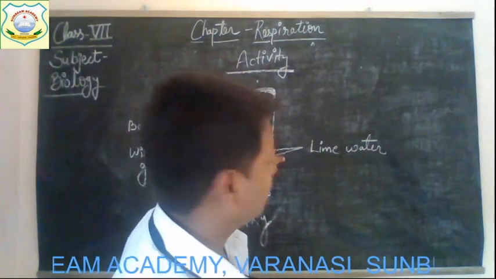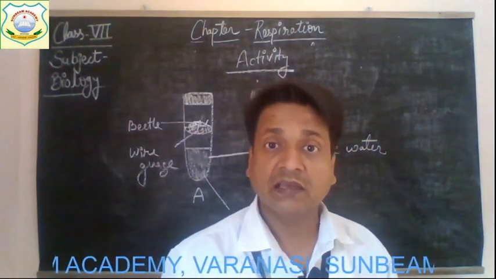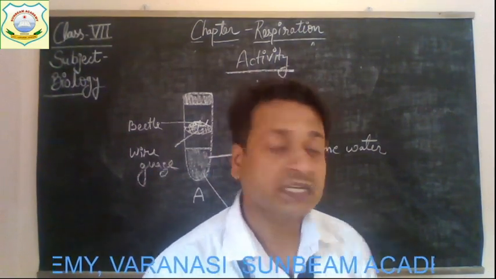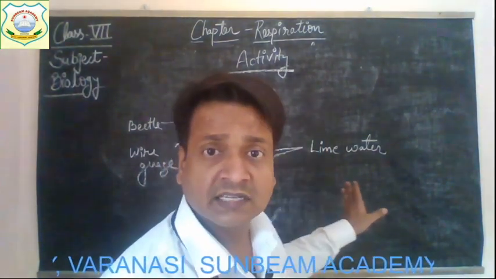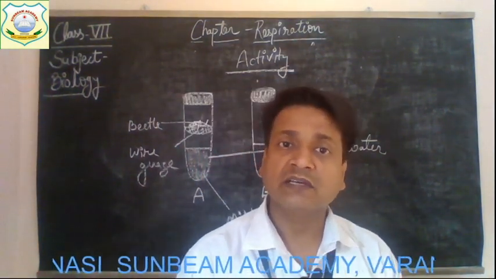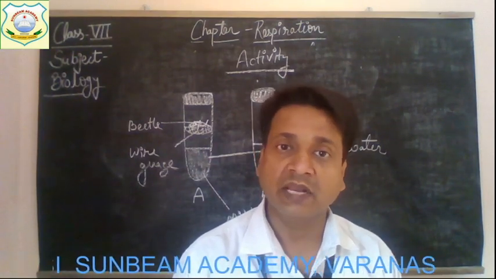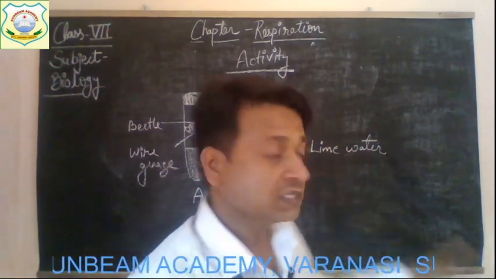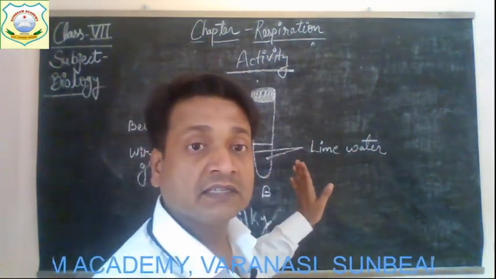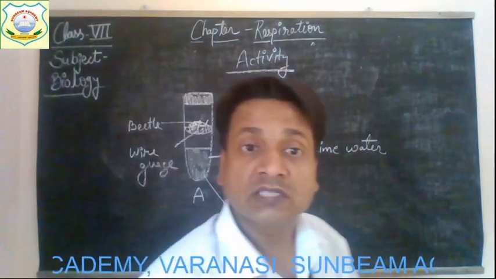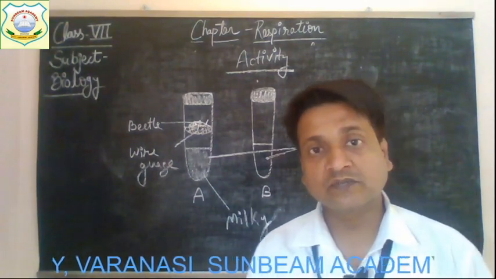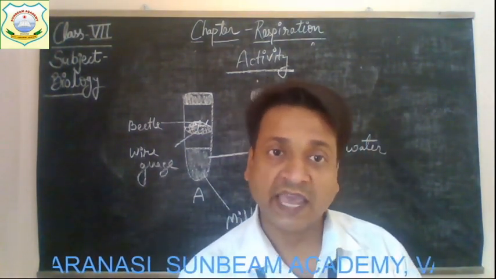Whereas in test tube B, we have not taken any animal, so there is no carbon dioxide present in test tube B, and as a result, no reaction takes place here, and the lime water remains the same. It does not turn milky. Get it? So this activity shows that carbon dioxide is released by animals in the process of respiration. Get it, children? Understood? So I hope that you understood this activity.